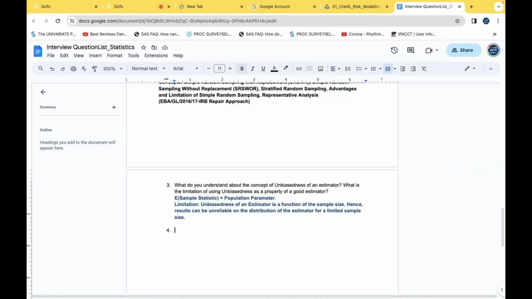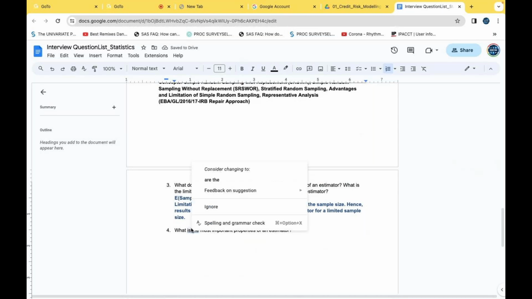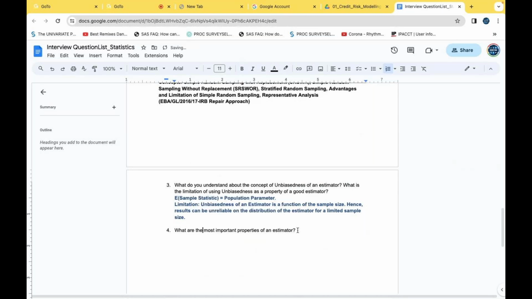Okay. So what are the other important properties that we need to understand about an estimator? What is the most important property of an estimator? The most important property of an estimator is the consistency of an estimator, that is, whether the estimator has the ability to capture all the information about the distribution of the population parameter, right?